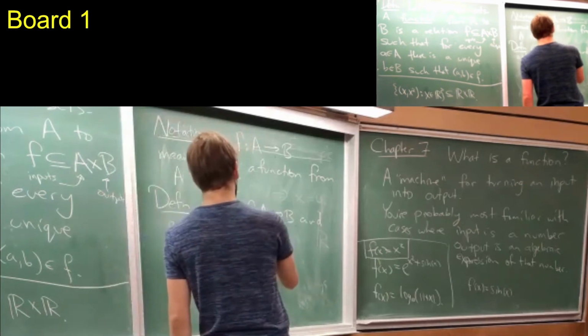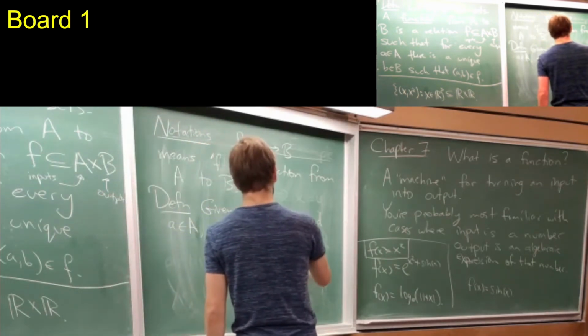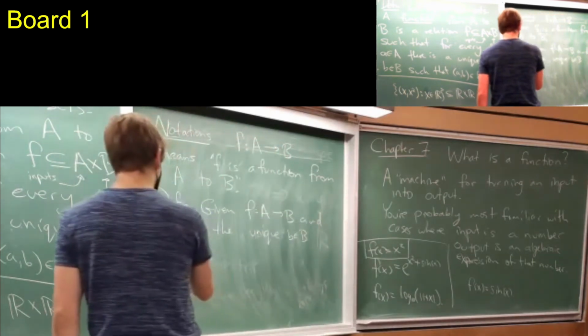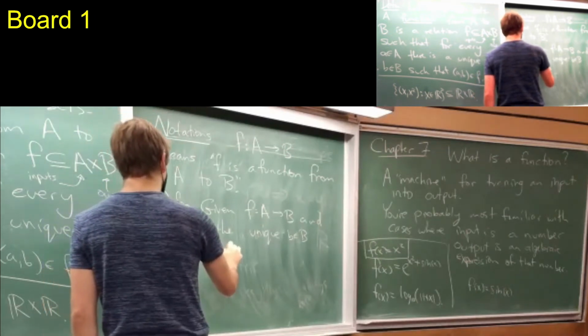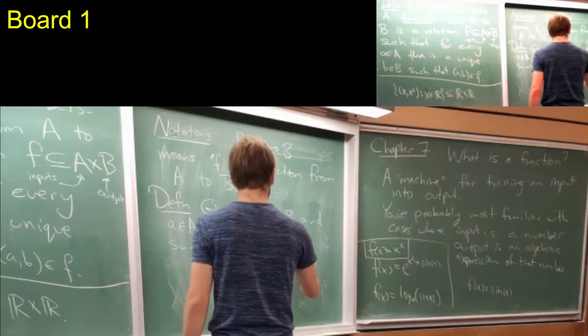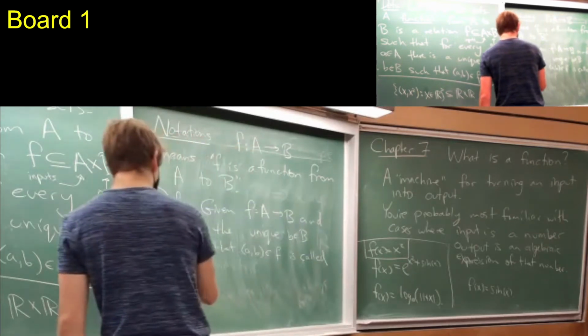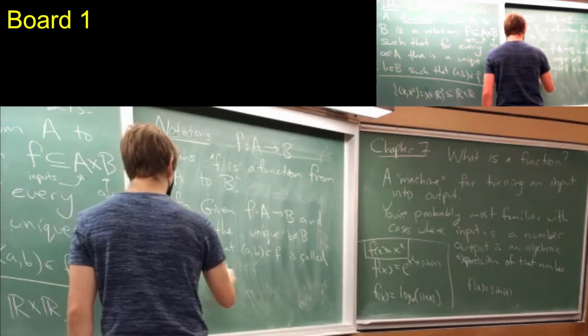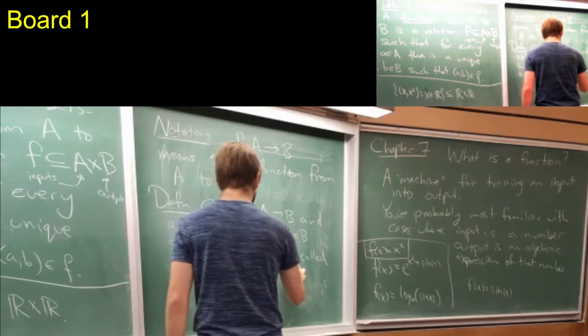So the unique b in B such that (a, b) is in f is called the image of a under f.